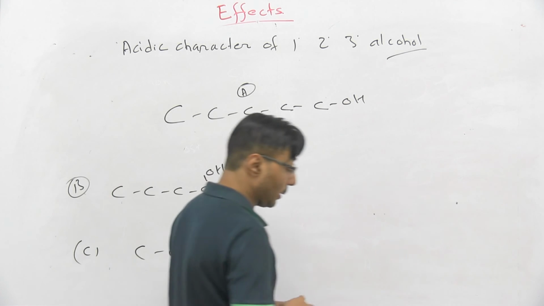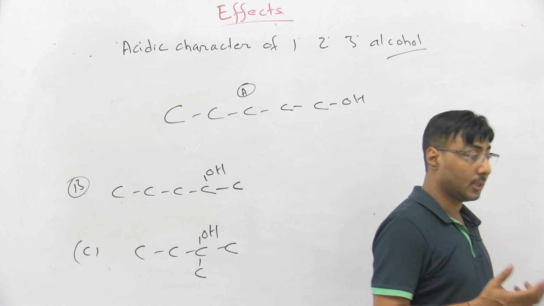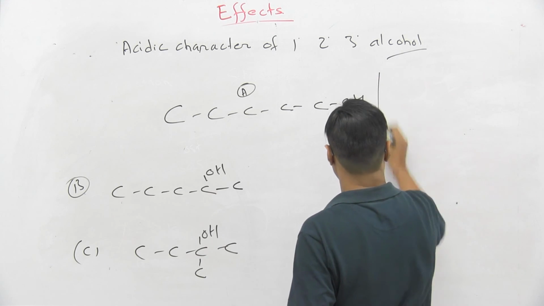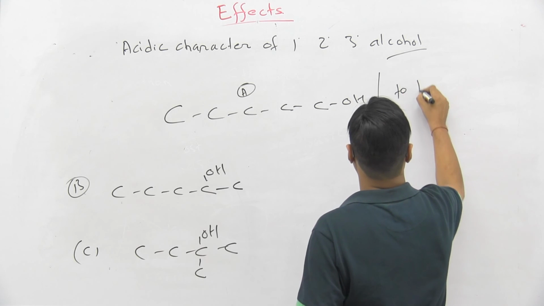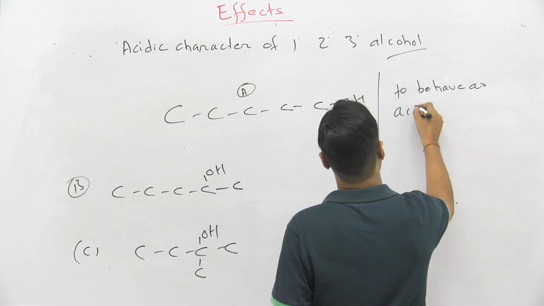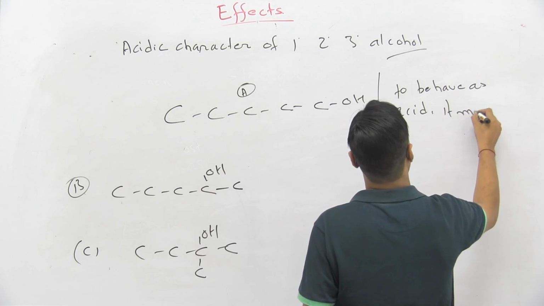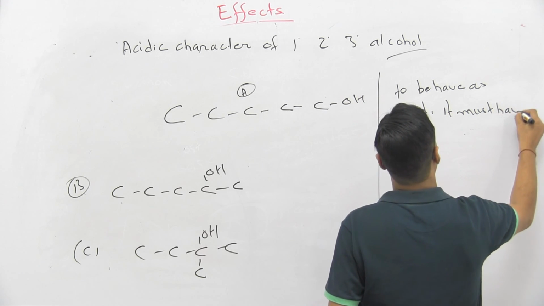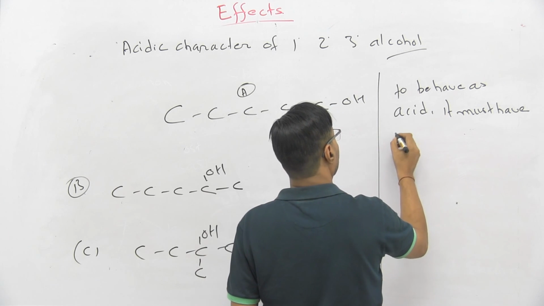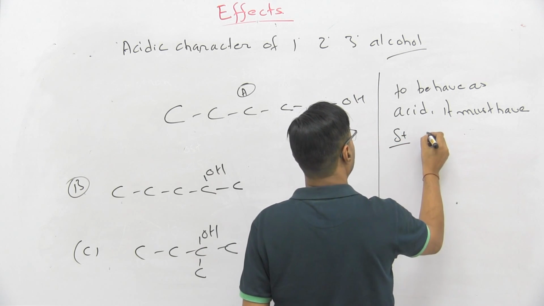And which alcohol is supposed to be stronger acidic in nature? Once again we will apply the same concept. To behave as an acid, it must have delta positive charge on carbon.